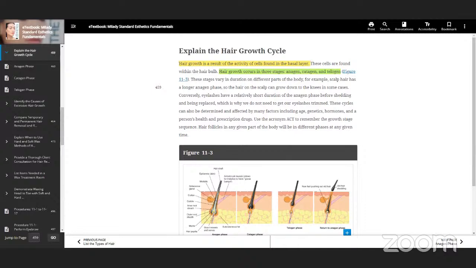Okay, so lanugo. You remember that word? Lanugo, that's the soft hair. And downy hair replaces what? It replaces vellus hair.